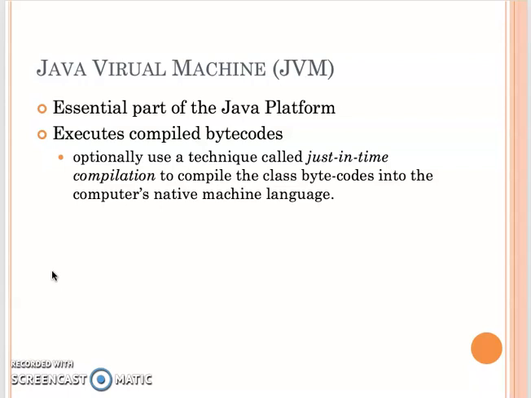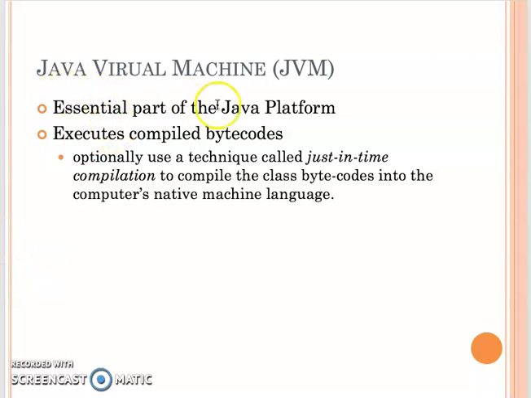That's different from C++, because for C++, even if you have your source file and you compile in Windows, then you try to move your execution file to Unix or Linux or Mac, it cannot run because it is platform dependent.